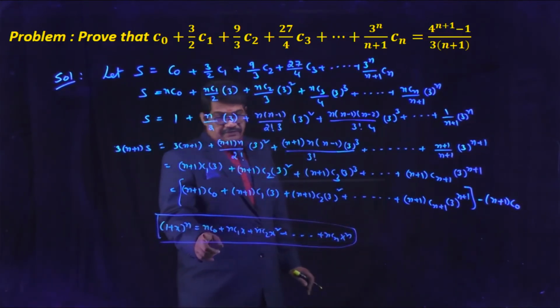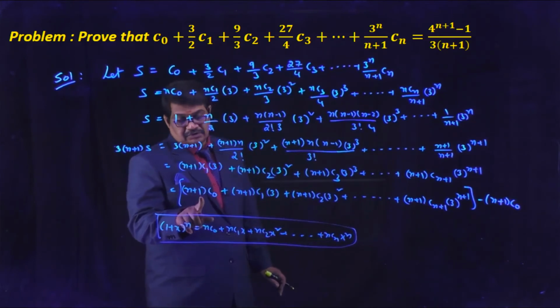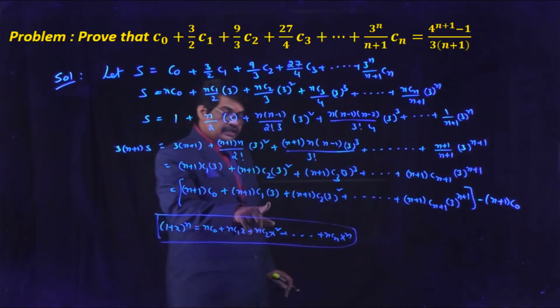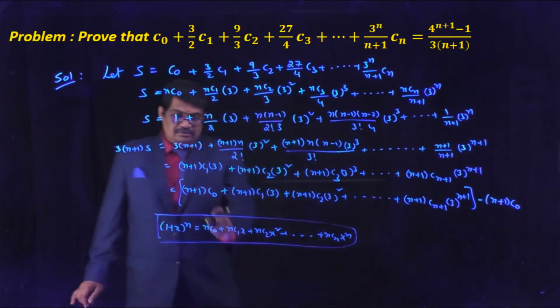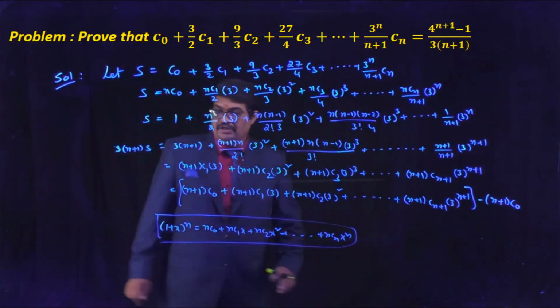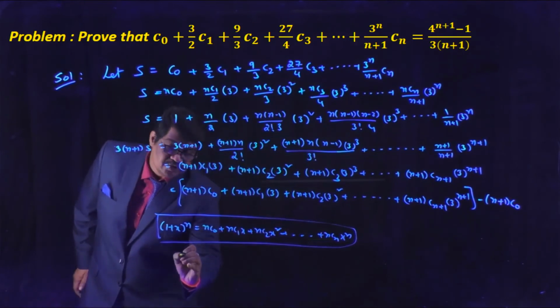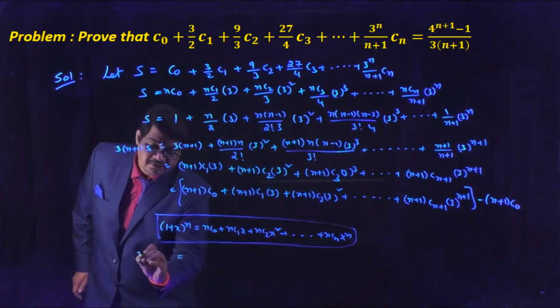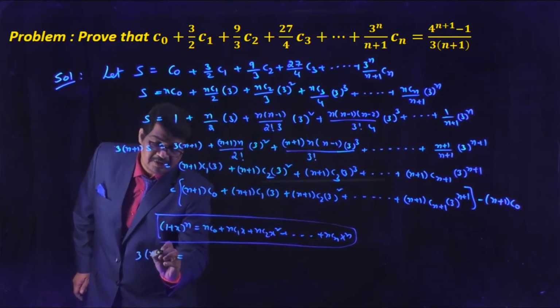In the place of n here is n plus 1, and in the place of x we are getting 3. Where n is n plus 1 and x is 3.